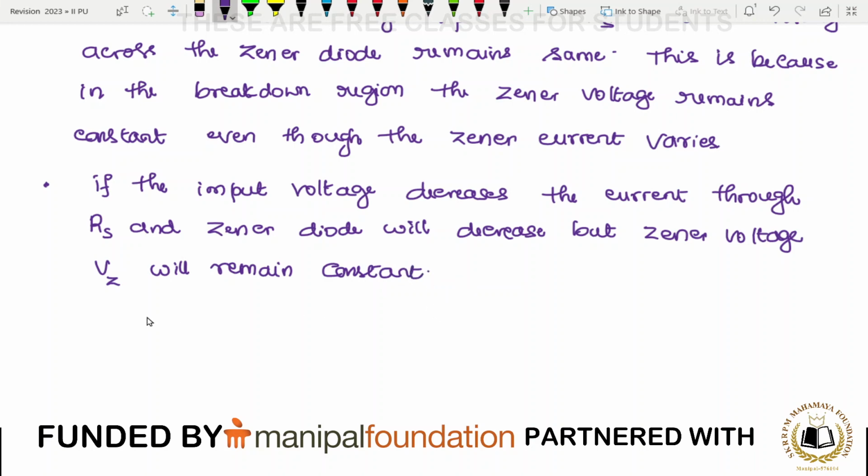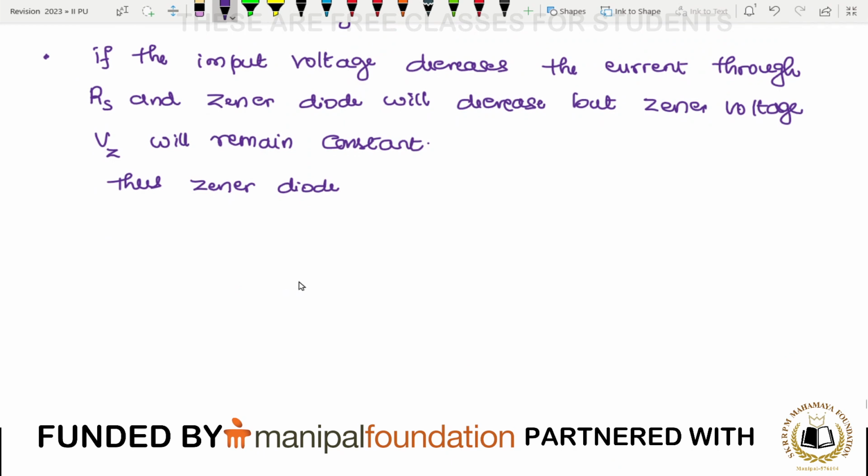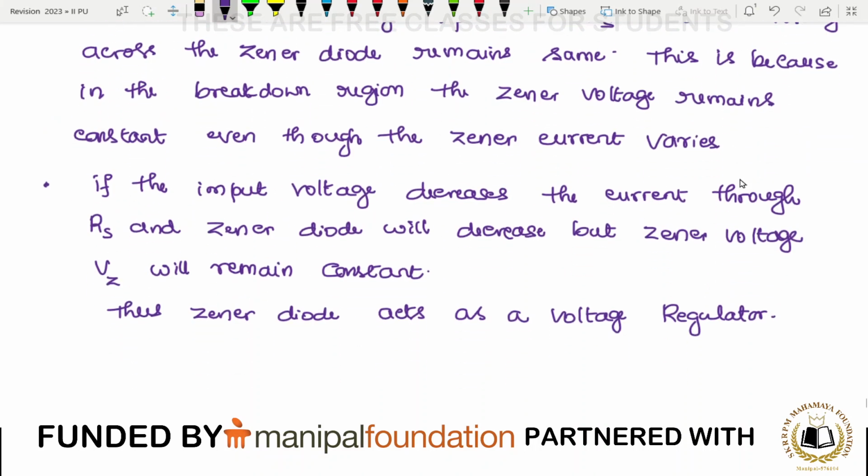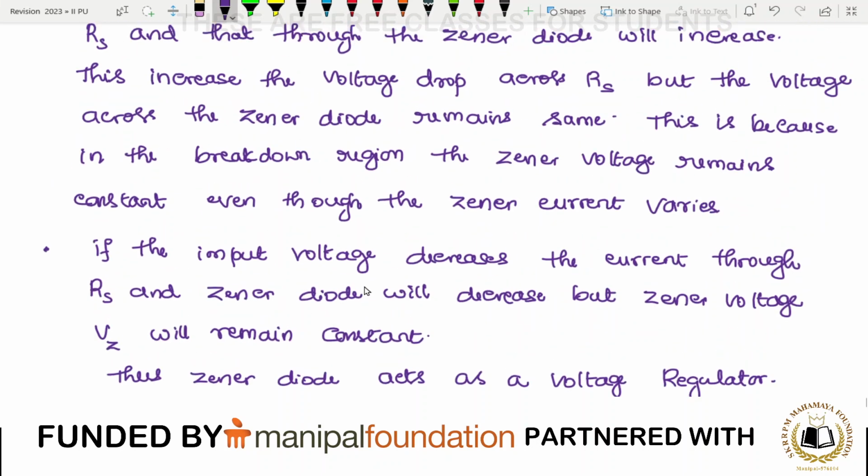The Zener diode thus acts as a voltage regulator. If the input voltage decreases, current through RS and Zener diode will decrease, but Zener voltage Vz will remain constant. Thus, the Zener acts as a voltage regulator.